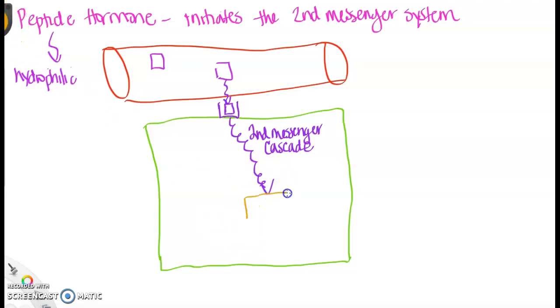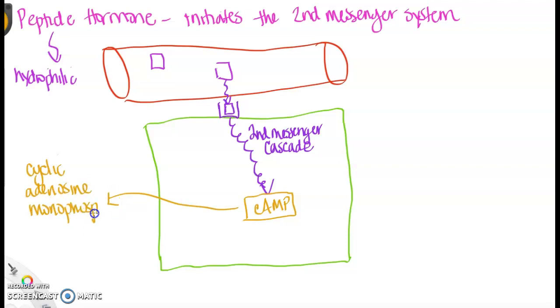Like this. Cyclic AMP is called cyclic adenosine monophosphate. And it's the second messenger. The hormone was the first messenger. So that's why this one's called the second messenger.